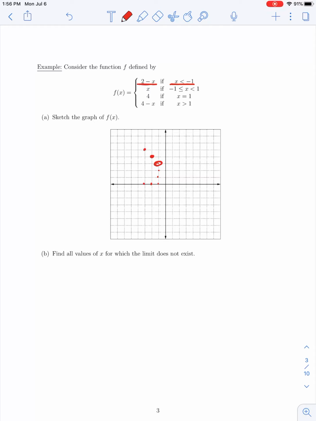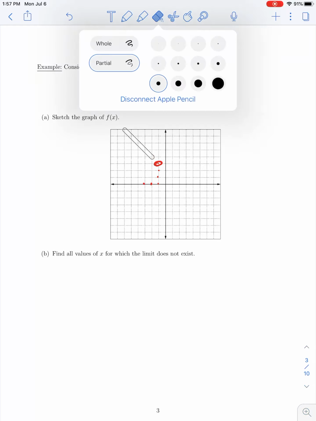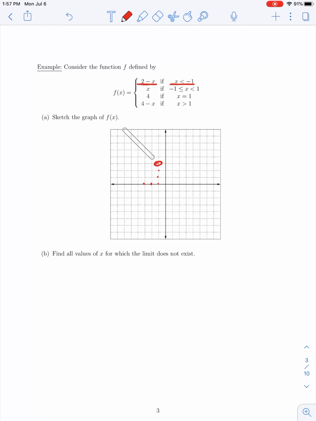So we have the line, or line segment, which is shown here. And again, we have this open point at x equals -1, since that inequality was strict.